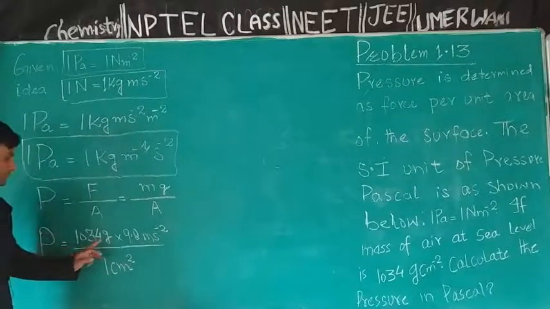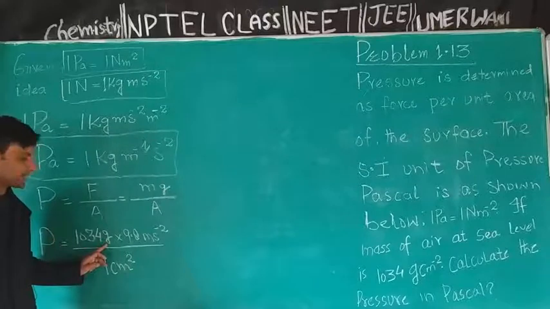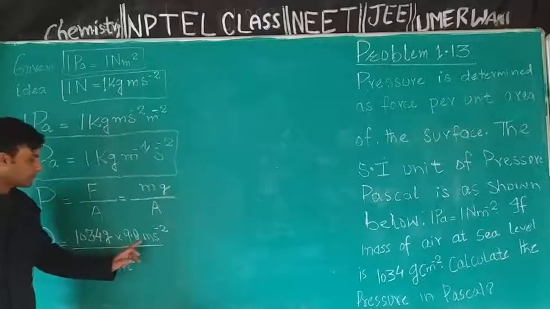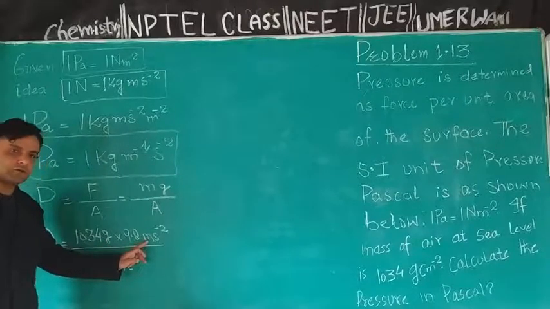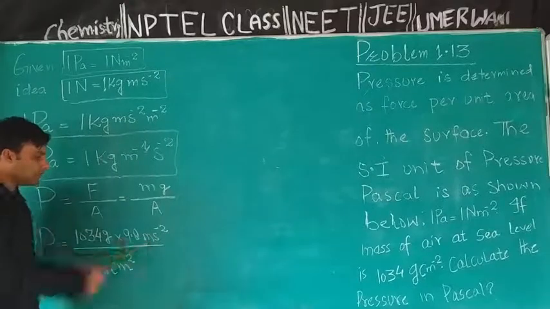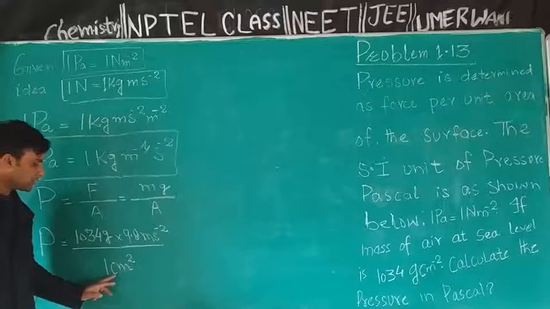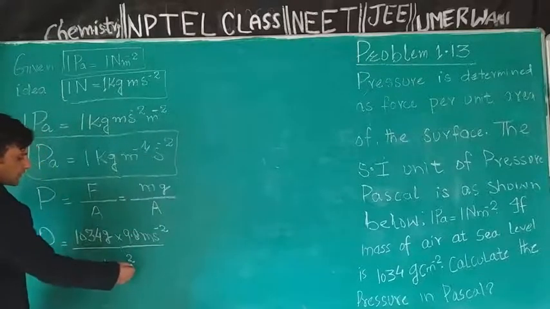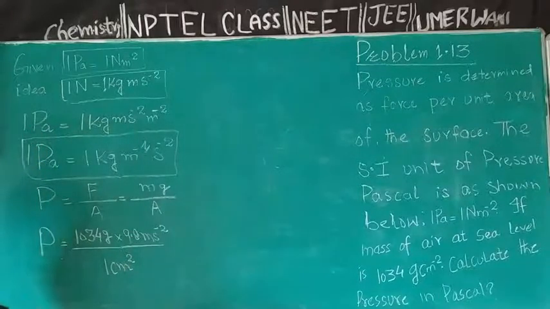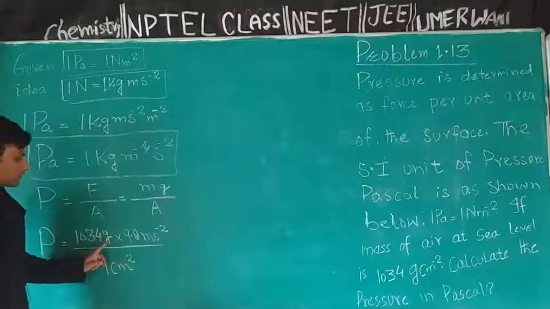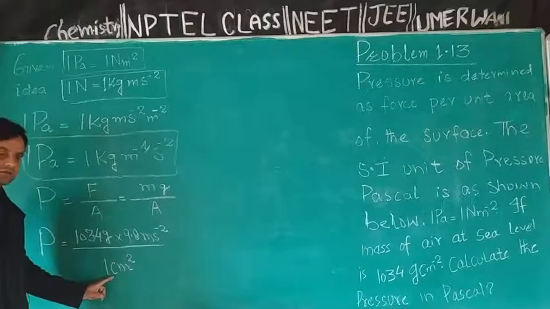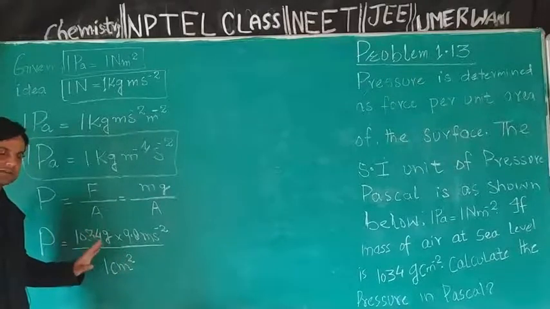Now see my friends, mass we reported in grams, but acceleration due to gravity we reported in meter per second square, and area in centimeter square. Gram is a unit of mass in the CGS system, and centimeter square is a unit of area in the CGS system.